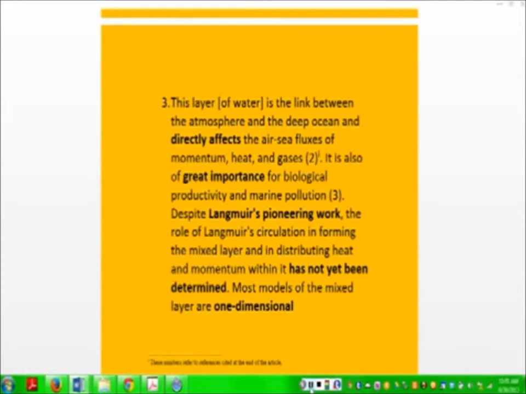It gives you a clear finding as to the importance of the research. So even without using an evaluative word, they show you that this is important research. Then in the next sentence, it is also of great importance. Now here they go back and they give you an evaluative word, great importance. But again, why is it of great importance?